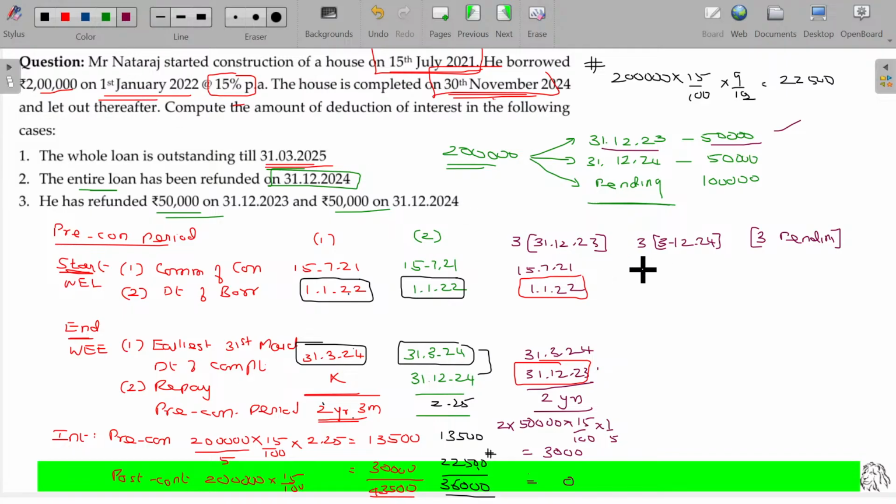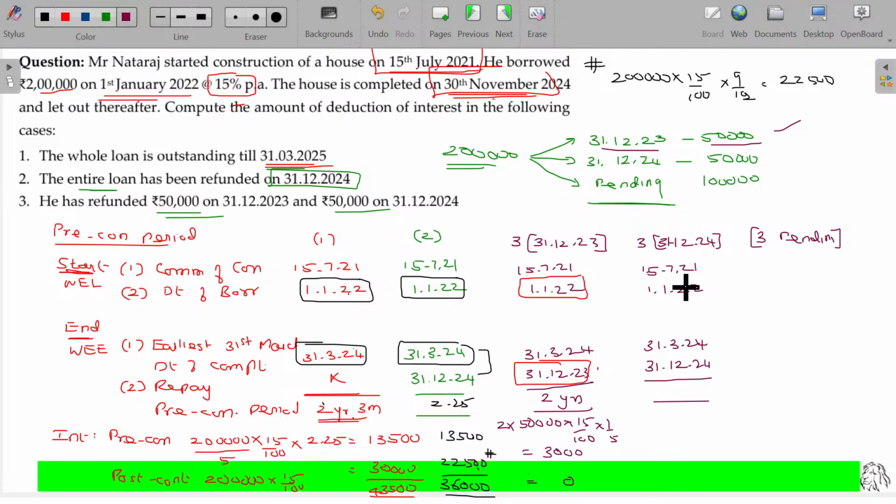Second scenario, starting date, of course, there is no problem. 15/7/21, ending date being 1/1/22. And ending date being construction completion. Prior to that, the 31st March 24 will be the date. Repayment happened on 31st December, right? 31st December 24.